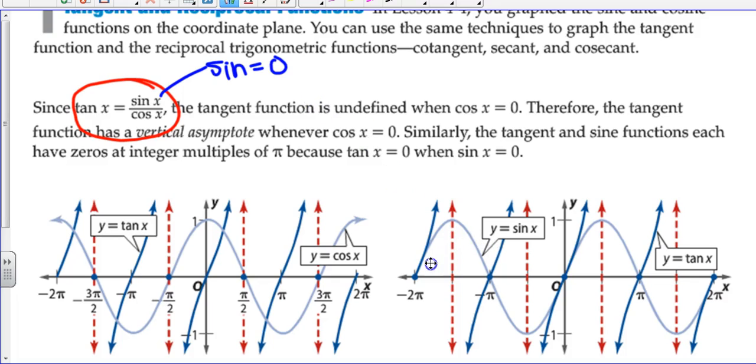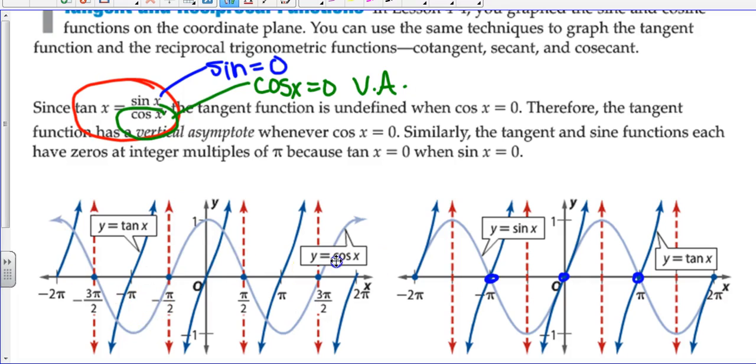Okay? So here's a sine graph in light blue. Everywhere that equals 0 here, the tangent graph equals 0. What will make this graph undefined or have an asymptote? When the divisor, the bottom, is 0, right? So the cosine of x equals 0 will give us vertical asymptotes.